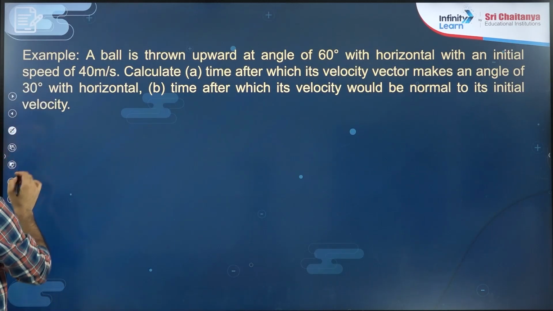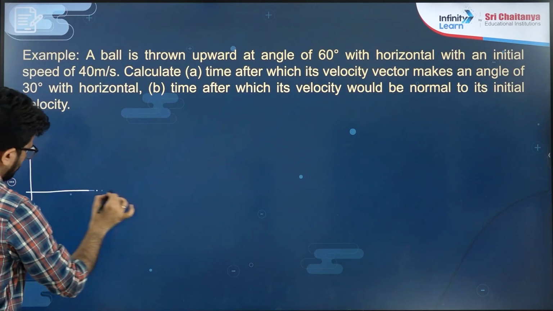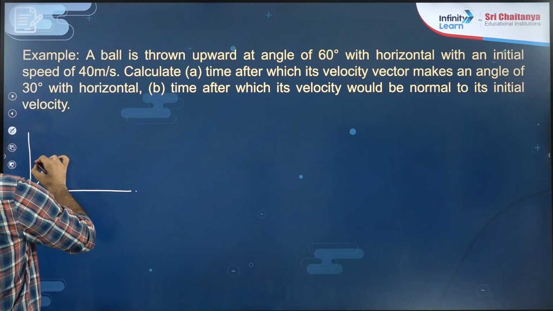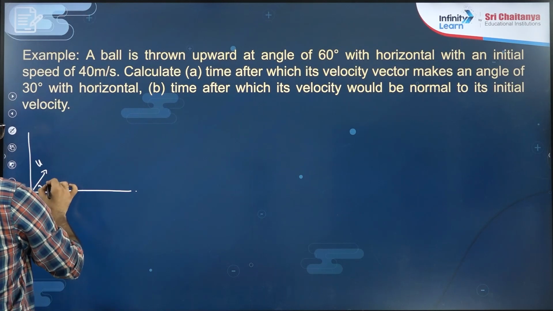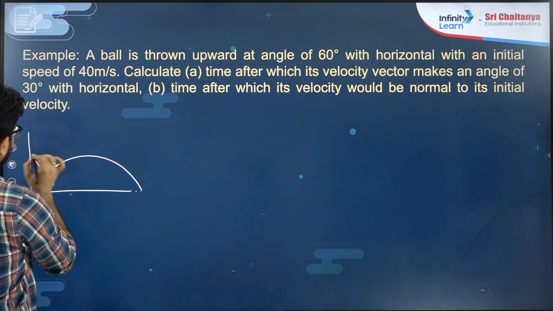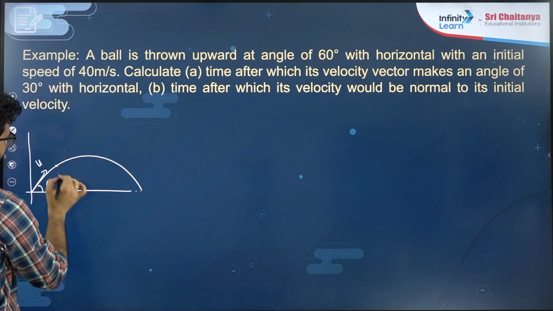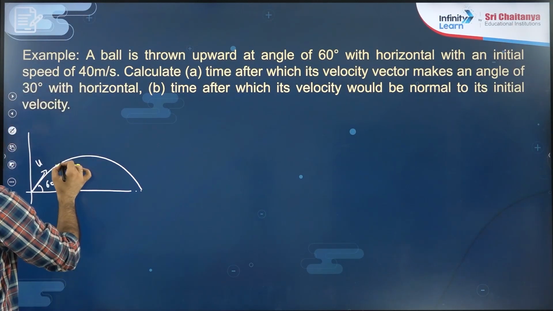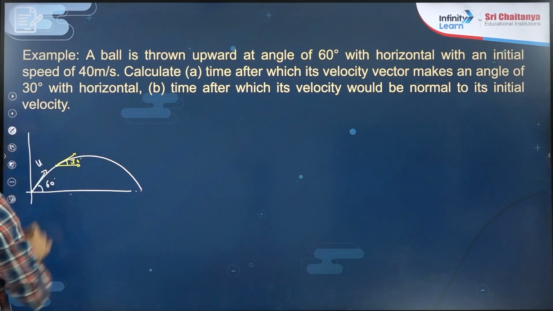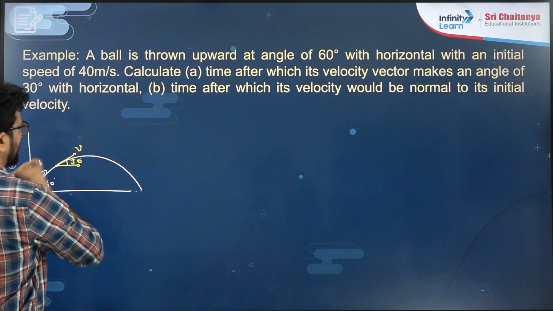Very first, the first picture, this is the initial velocity u. This angle was given to you, 60 degree. It is going like this. After some time, this velocity makes an angle of 30 degree. I can assume this velocity is v.